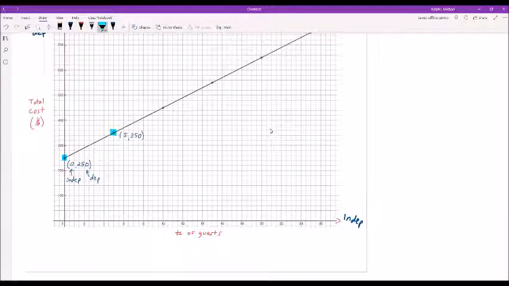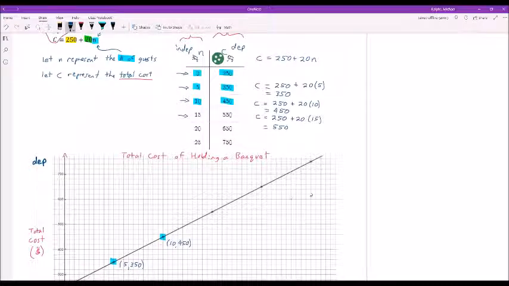And of course, 450 is halfway between 400 and 500. And so that is going to be the next point right there. And that is the ordered pair 10, 450. Okay, and then it just continues from there.